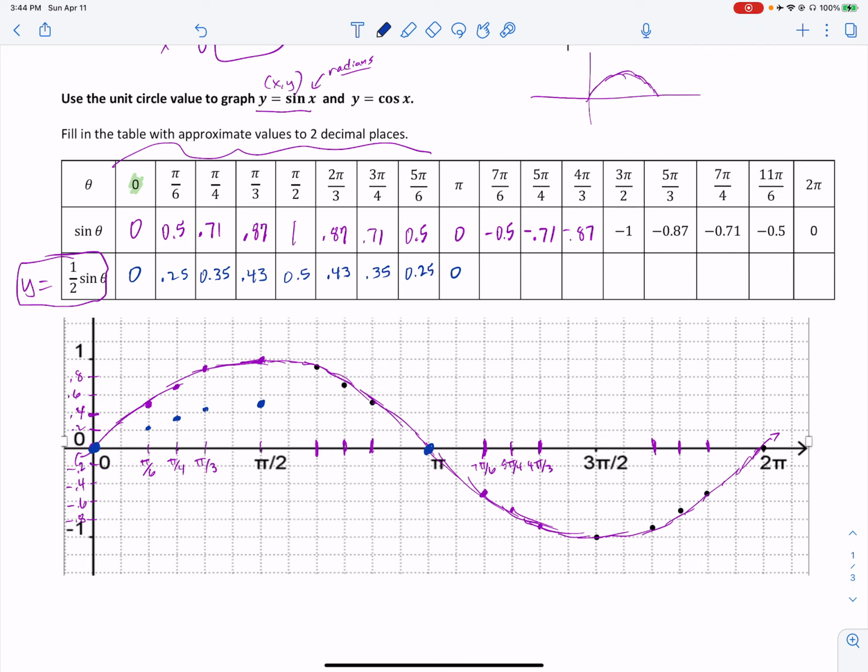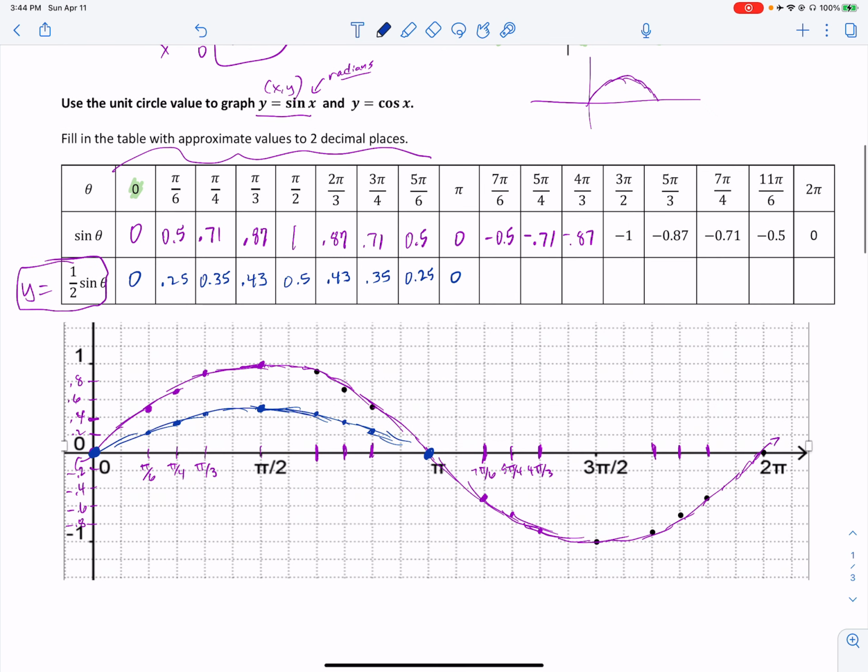And then you get up to 1/2. And then these values repeat: 0.43, 0.35, 0.25, and then to 0. And so it only goes up half of the amount it did before, so it won't get up to 1, it'll only get up to 1/2. And there's that first part that's concave down, again, trying to make it curved.